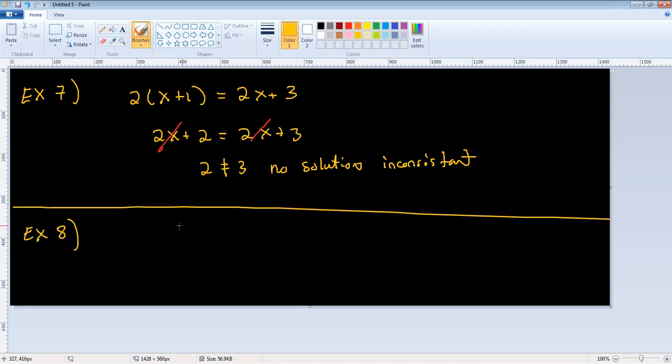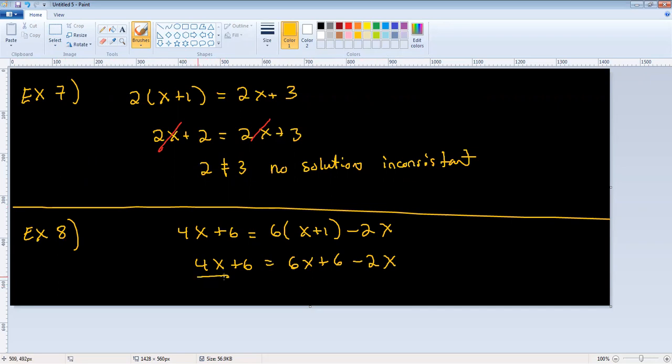Now, let's look here. We have example 8. So this is 4x plus 6 is equal to 6 times x plus 1, and we have minus 2x. Okay, so this is 4x plus 6. This is 6x plus 6. This is minus 2x. We have 4. We have 6. We have negative 2. So 6 minus 2 is 4x. So this will cancel with this, this will cancel with this, 6 will cancel with this.